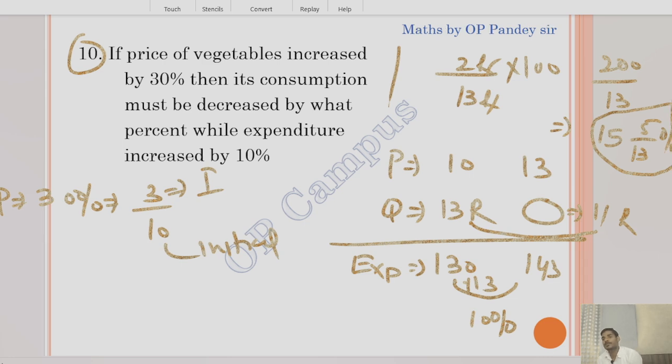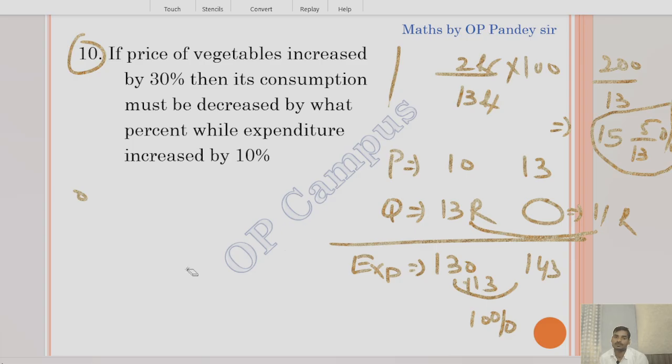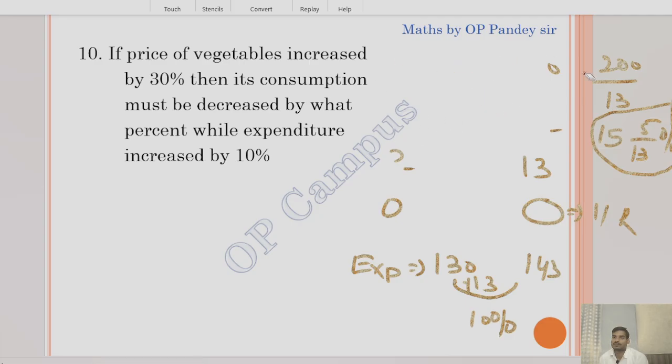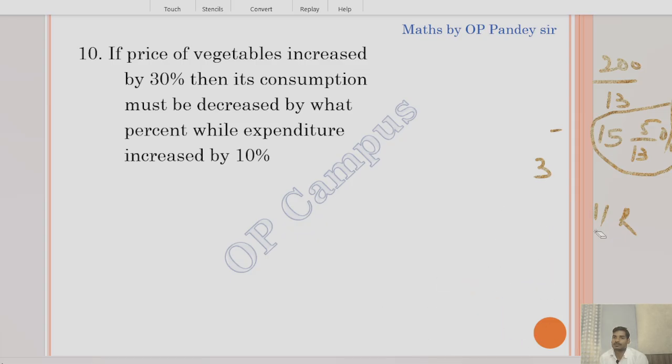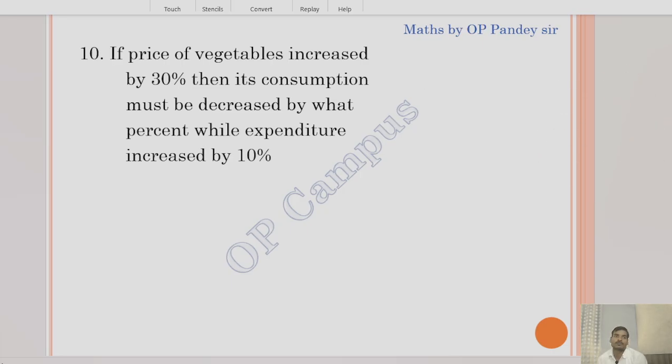This is the basic approach to solve this question. One more approach, please see this. This is the 100, and increase by how much percent? 30%.